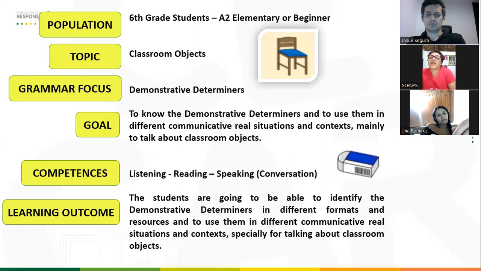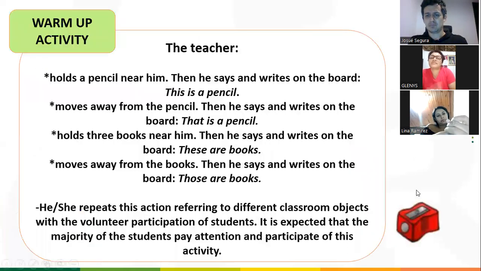And the learning outcome is that the students are going to be able to identify the demonstrative determiners in different formats and resources and to use them in different communicative real situations and contexts, especially for talking about classroom objects.